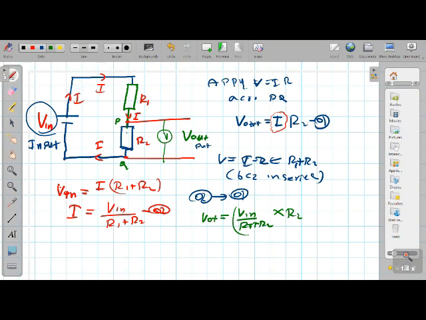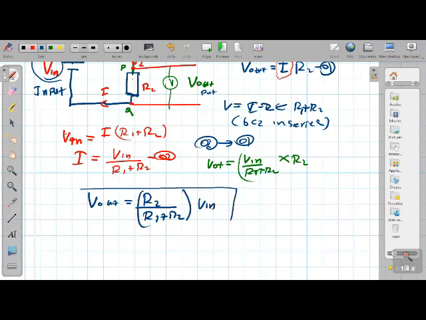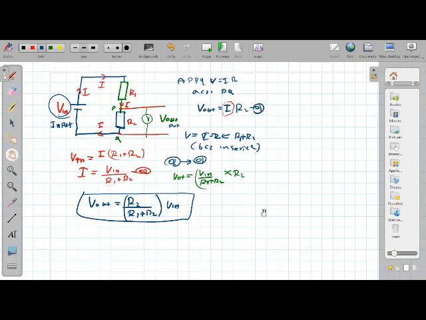This looks really ugly, so I rearrange it in this manner: V out equals R2 over R1 plus R2, times V in, as the finalized equation. If you want to, you can write it down or just understand whatever you need.